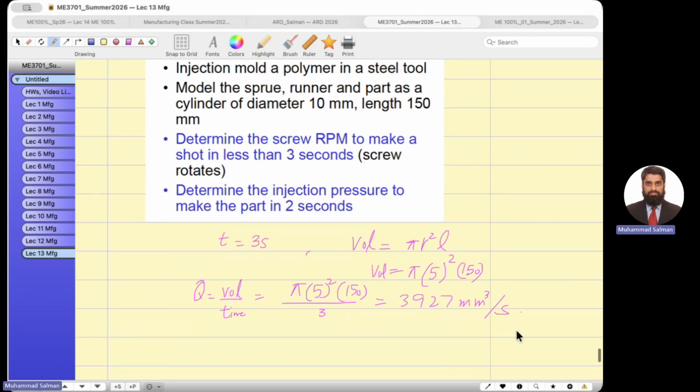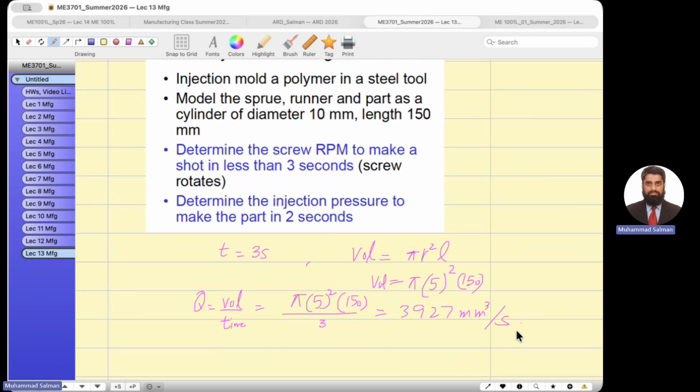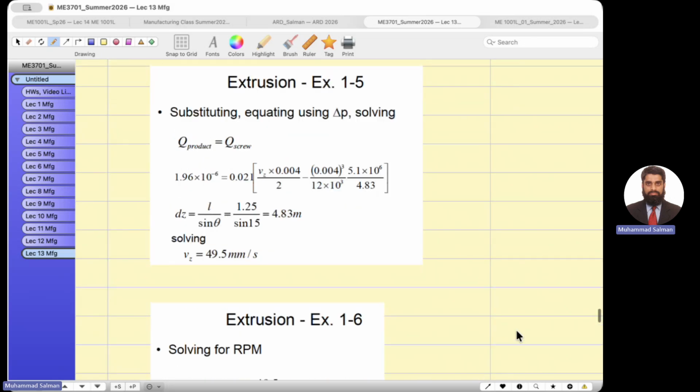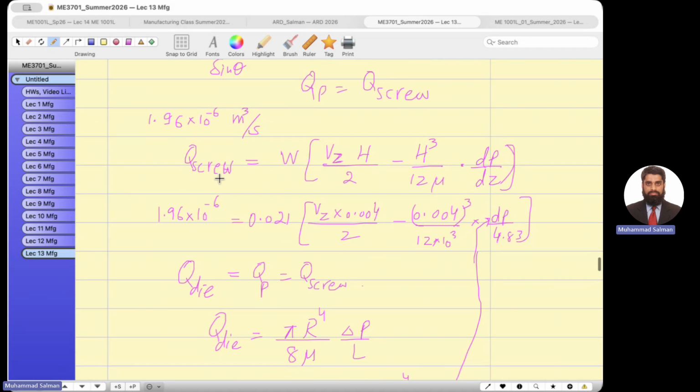Okay, so after we find this Q inside the die, that is equal to the screw flow, right? What is the formula for the screw flow? The formula is written over here. This is the formula.